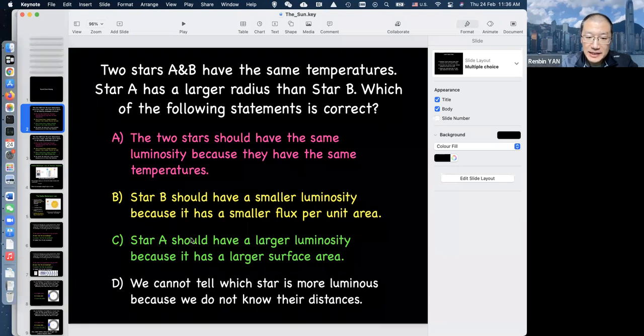Option C is correct because not only does it compare the two luminosities in the right way, with A having the larger luminosity, but it also gives the correct reason, because it has a larger surface area. And then D is irrelevant. I hope that explanation helps.